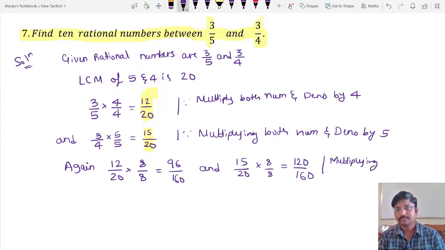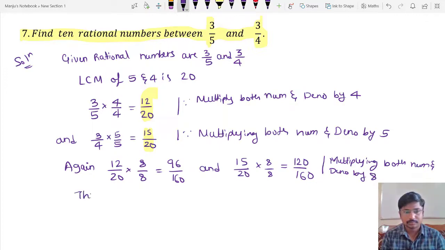Multiplying both numerator and denominator by 8.